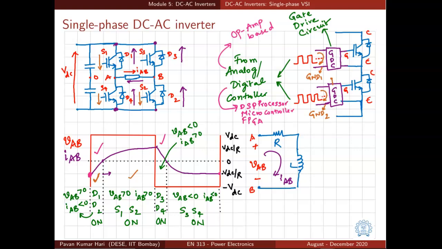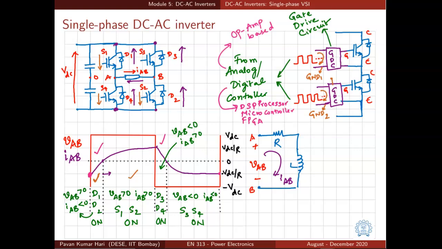In addition to the main circuitry, any inverter will have some more circuits which are essential for its operation. For example, there is the gate drive circuit, which is indispensable and a most crucial part of any inverter circuit. In fact, in any power electronic circuit, if you have a fully controlled switch, you need a circuitry which will control the gate. It will apply a positive voltage across the gate in the case of a MOSFET and IGBT so that they turn on.